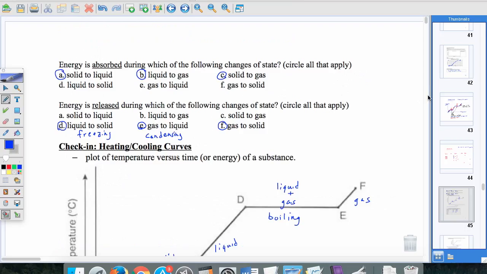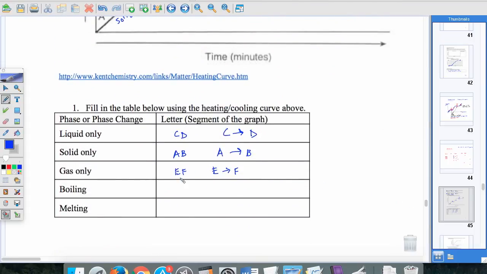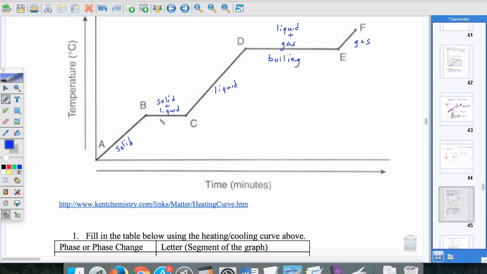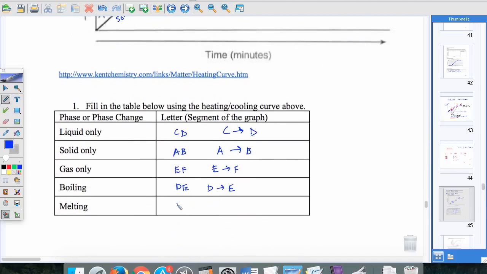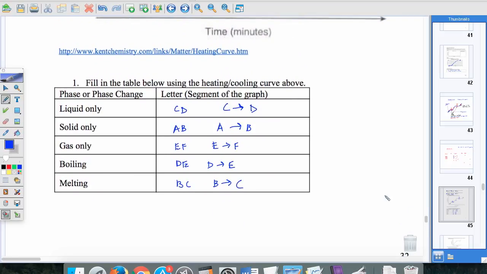So this is boiling right here, and that would be D to E. And it's melting when it goes from solid to liquid, so that would be in area B to C. Alright, so if you didn't have that right, you should change that now.